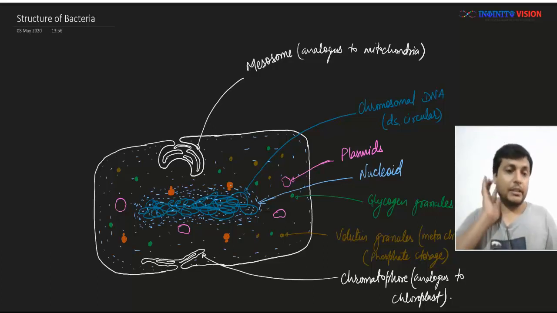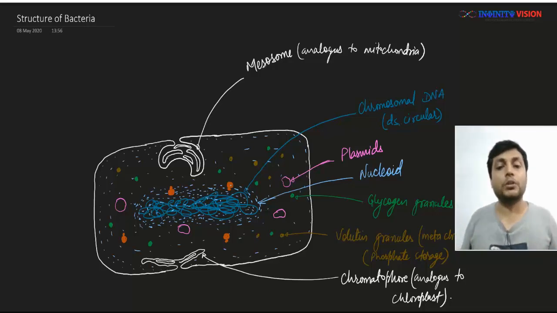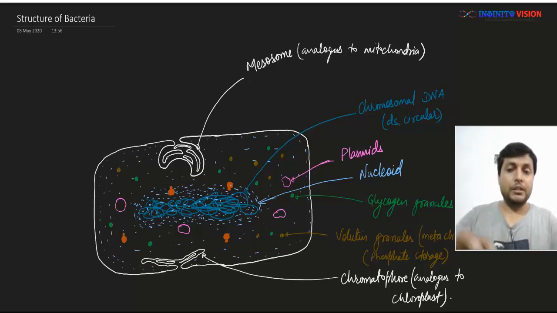Let me tell you that the outer and inner nuclear membranes together are called the nuclear envelope. So this is the nucleoid. I think now you can appreciate the difference between the nucleoid and a true nucleus. This nucleoid has the chromosomal DNA. This is how the inside of a bacterium looks.